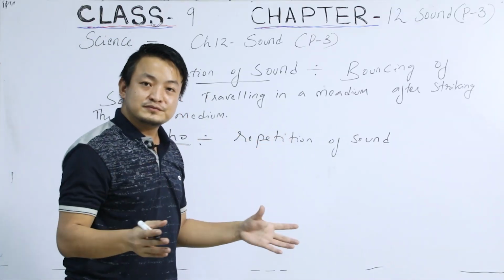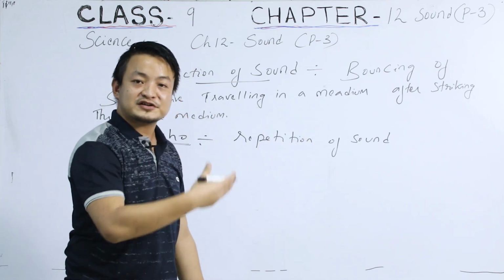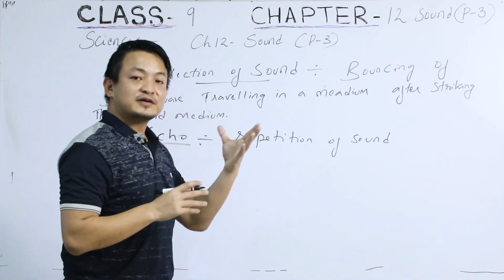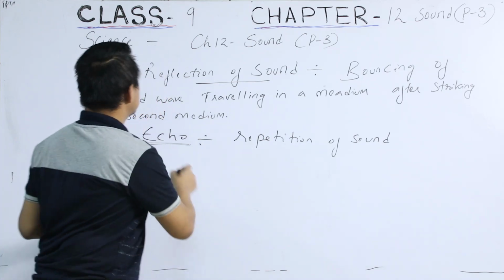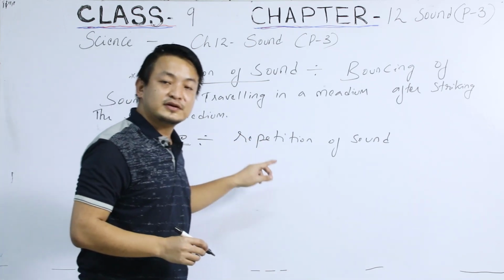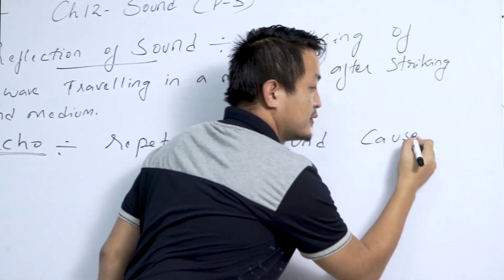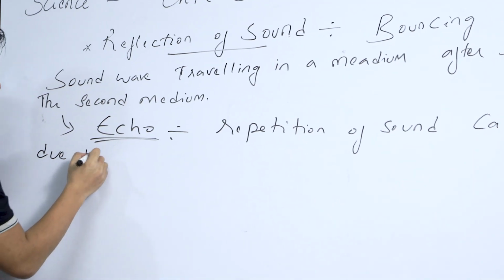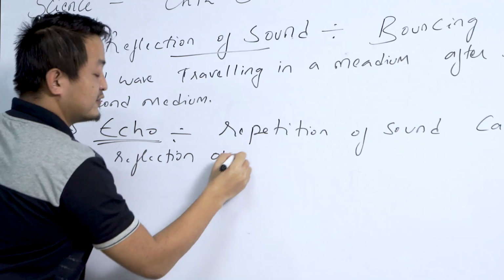Sometimes in an empty room or in a large hall, you can hear your own sound reflection after the original sound. Now I'm speaking, and after some time you'll get your own voice back. So that is an echo, a repetition of sound caused due to reflection of sound.